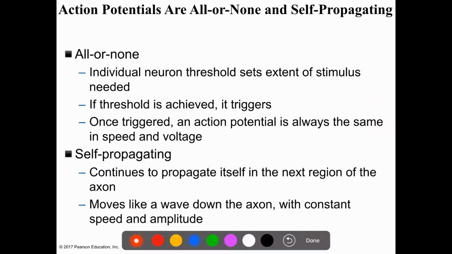Now, since the action potential is extremely important in the nervous system, and all of this communication is happening through it, it has some rules that it follows. Two major rules. The first one is called all or none. It means that either we have a full action potential or none.